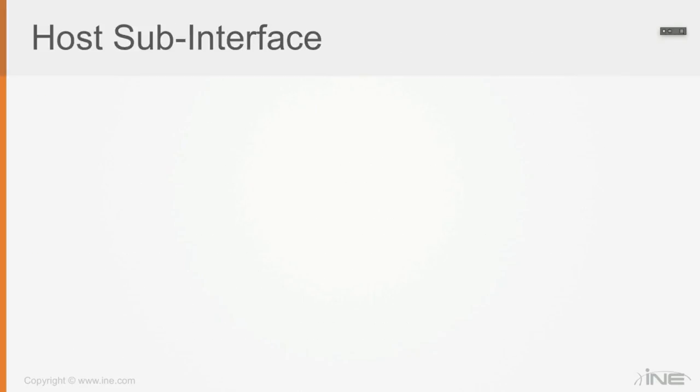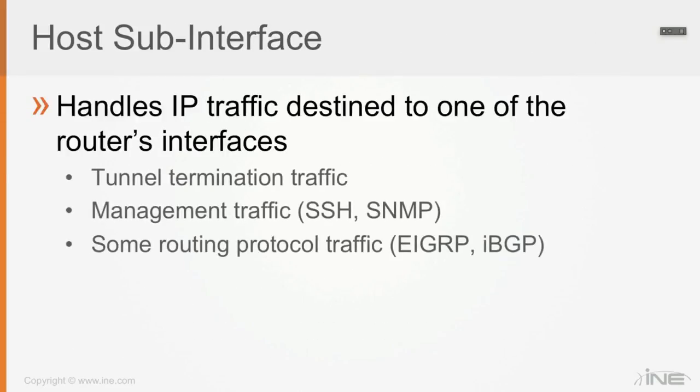Now, the host sub-interface is going to handle IP traffic destined to one of the router's interfaces, or of course, sourced from one of the router's interfaces, like tunnel termination traffic, like a GRE tunnel, for example, or management traffic like SSH, SNMP, syslog, so any kind of management traffic destined to the router.